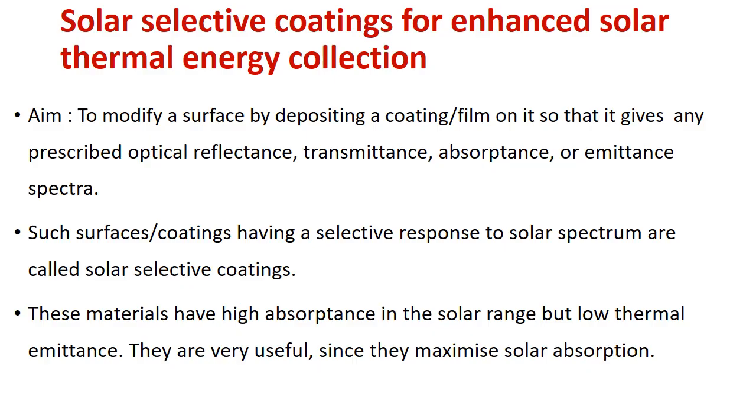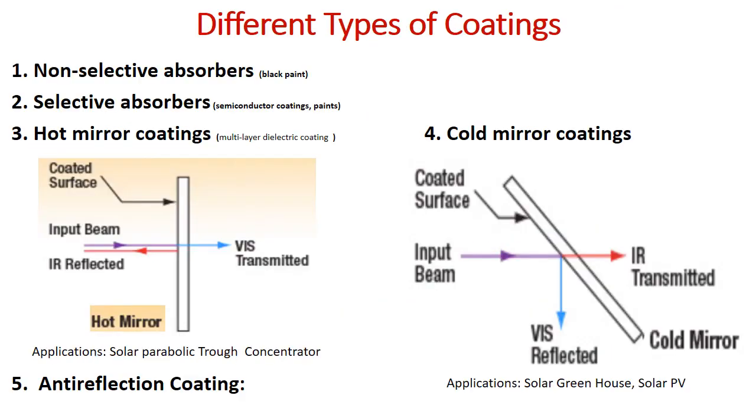These materials will generally have high absorptance but very low thermal emittance. The different types of coatings are non-selective coatings, selective coatings, hot mirror coatings, cold mirror coatings, and anti-reflection coatings.